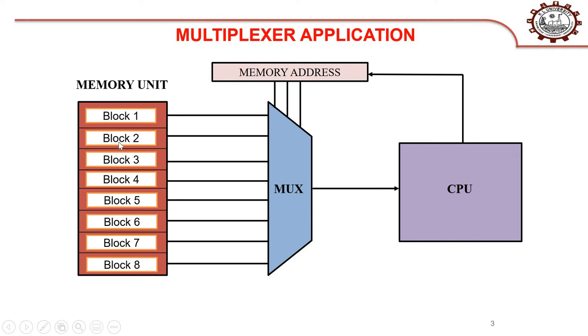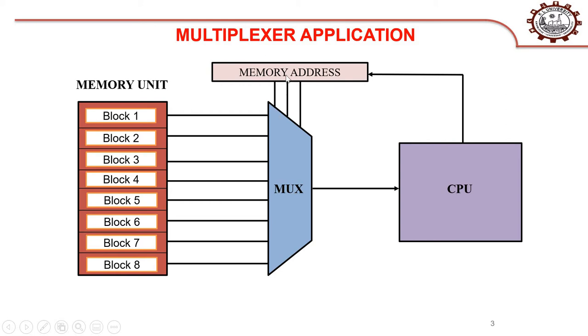A memory unit consists of many blocks. Suppose in this case 8 blocks are there, and each block is connected to the multiplexer. That means the multiplexer is getting inputs from each block. The first block is connected to multiplexer input 1, the second to input 2, and like that 8 blocks are connected. And a memory address block is there.